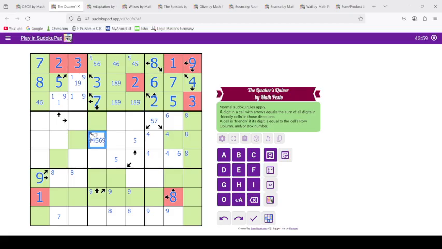If that were a 5, 7, 9. Yeah, it wouldn't work. If that were a 5, then these couldn't be friendly. This would be the friendliest cell, making that a 7, making that a 9. These two are now unfriendly.